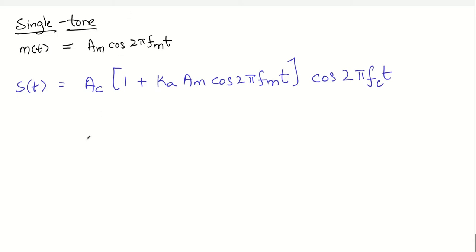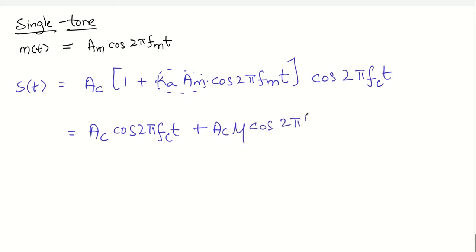And if we open the brackets, we have Ac into cos 2 pi fc t plus, let's just write this Ka into Am as a factor mu, which is known as the modulation index, cos 2 pi fm t multiplied by cos 2 pi fc t. So this will be our equation.